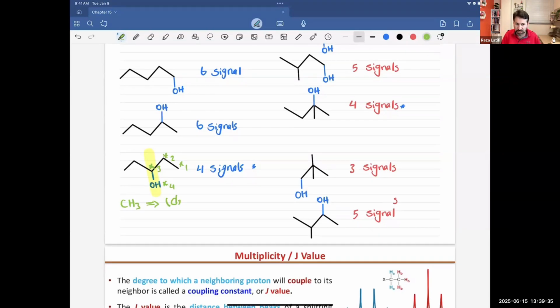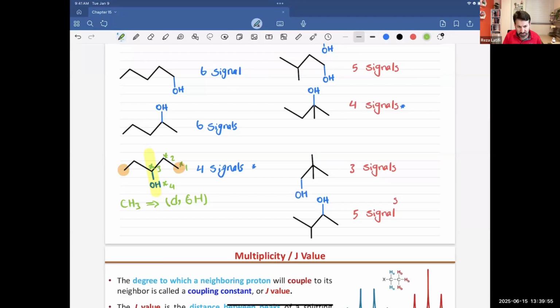And remember, because we have 2 methyls, there's a mirror. We have 1 methyl here and 1 methyl there, so it will be a doublet, but the area will be 6 hydrogens.